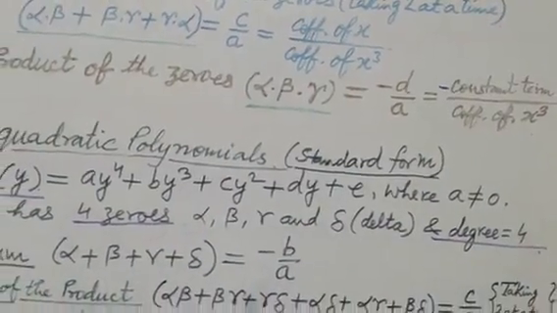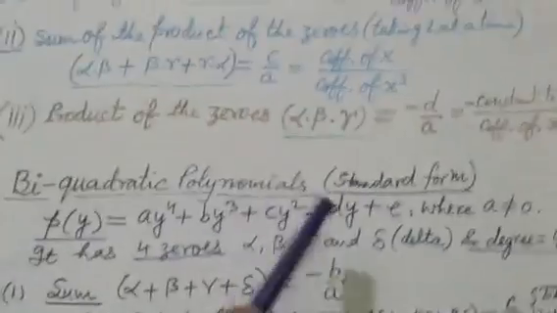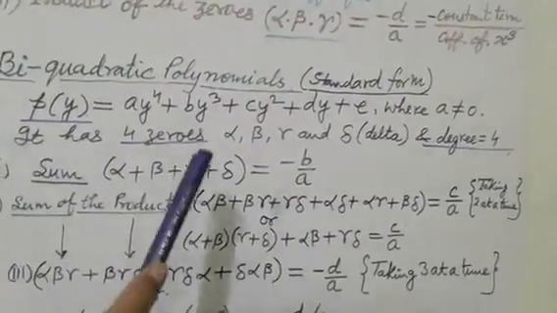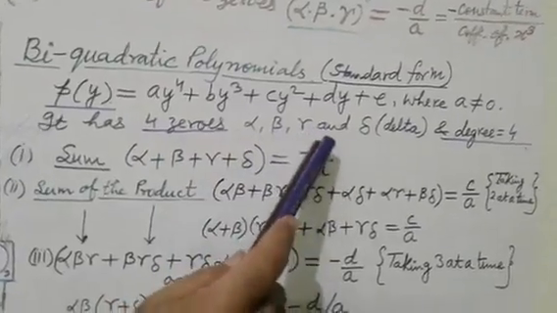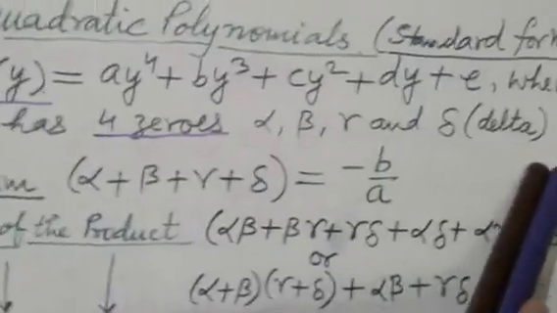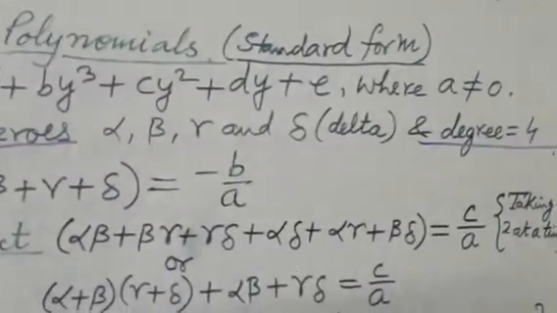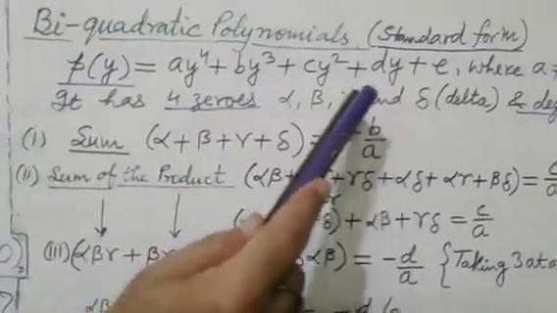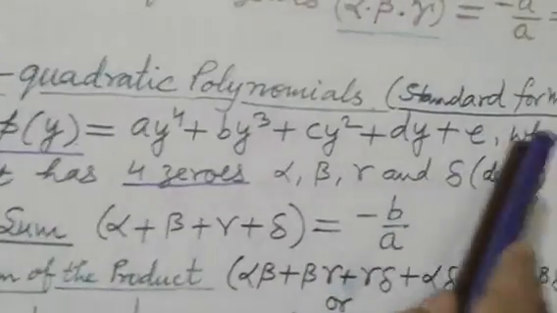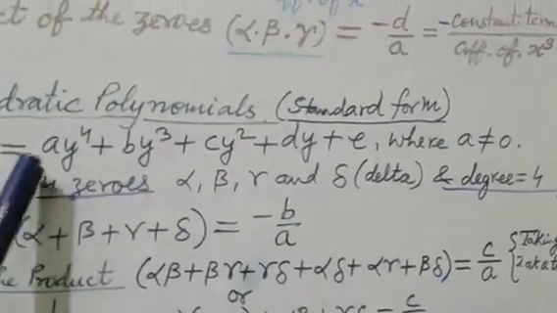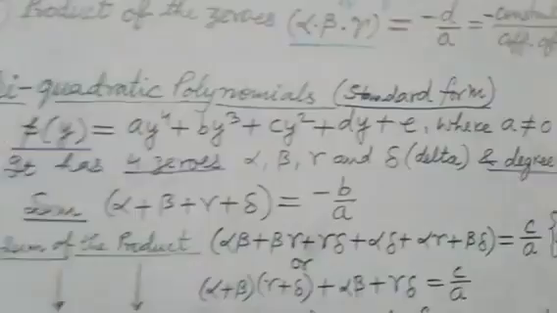Now, some formulas for biquadratic polynomials, whose degree is 4 and which have 4 zeros: alpha, beta, gamma and delta. This is the symbol for small delta. The standard form is p(y) is equal to ay to the power 4 plus by cube plus cy square plus dy plus e, and the necessary condition is that the coefficient of y to the power 4, a, is not equal to 0.